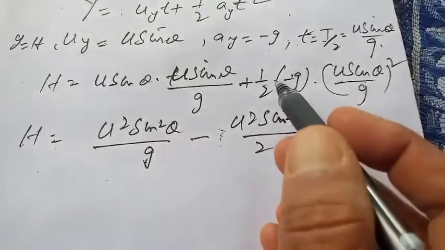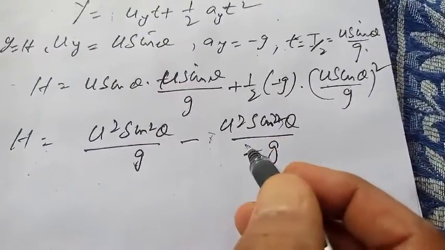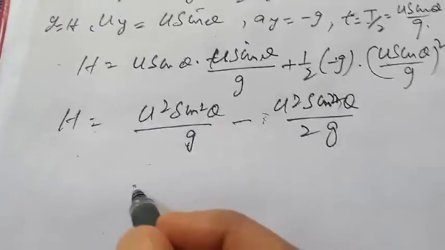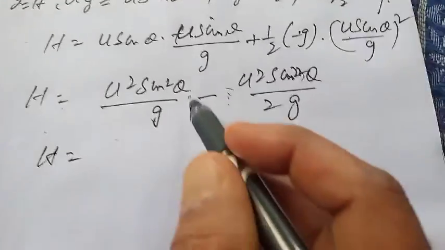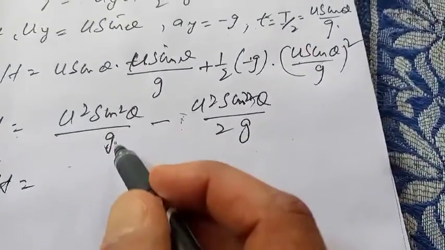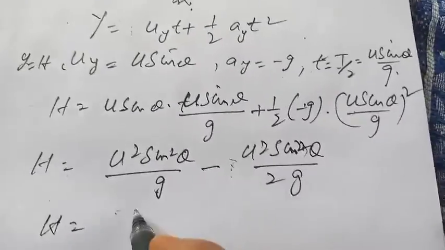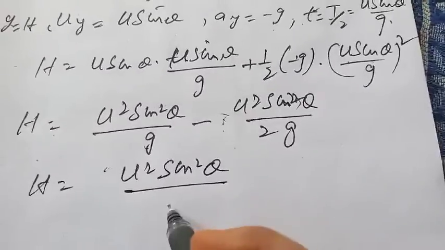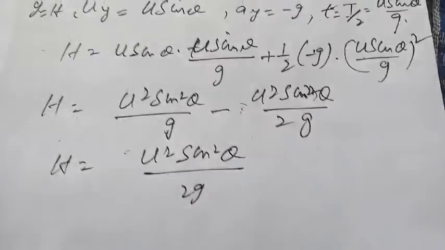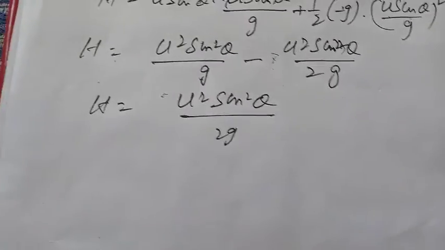See here, actually here was 2, we'll write here 2g. Now h is equal to, this is u square sin square theta by g, and this is half of u square sin square, we will get u square sin square theta by 2g. This is the expression for maximum height.